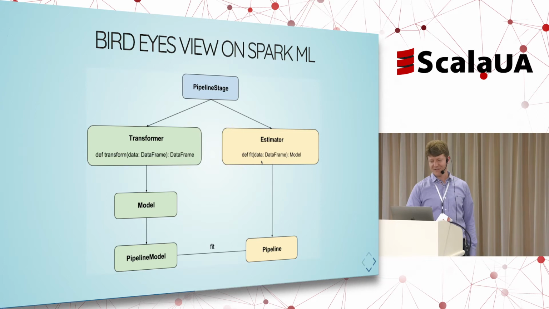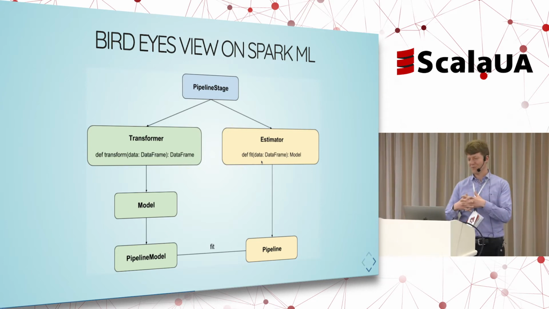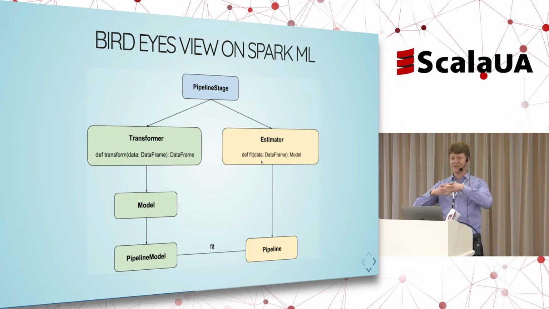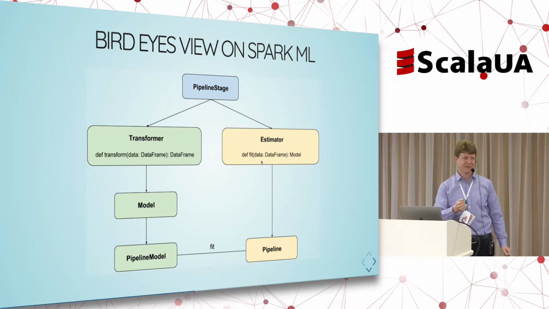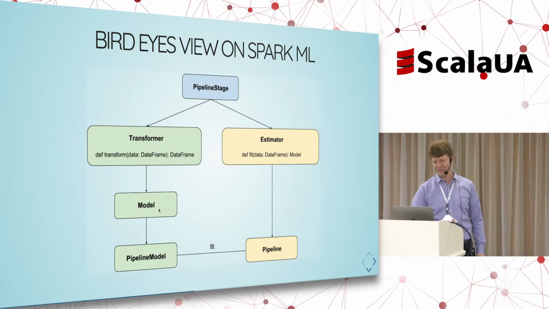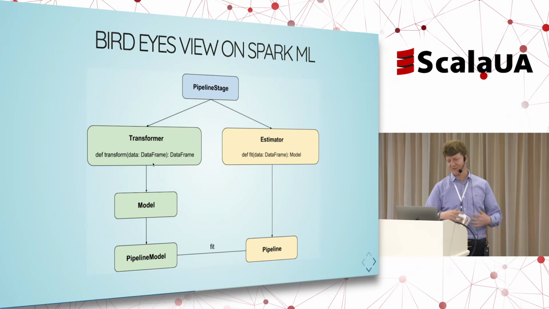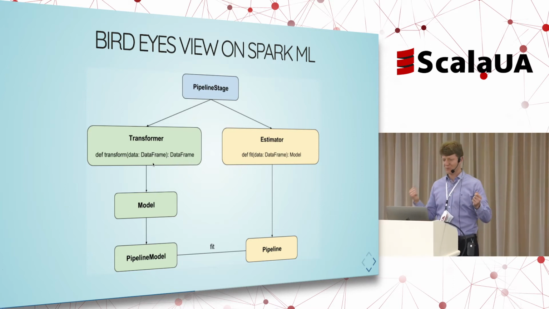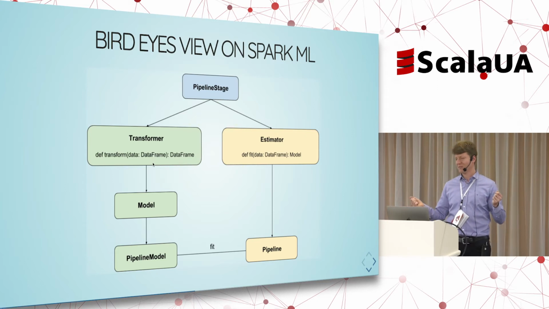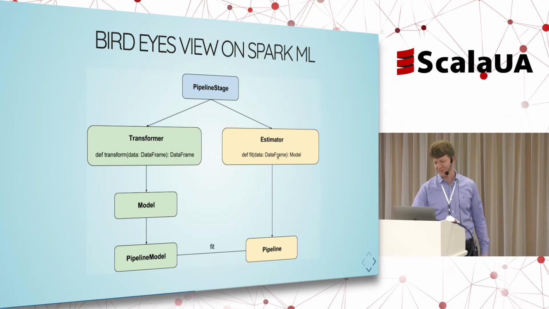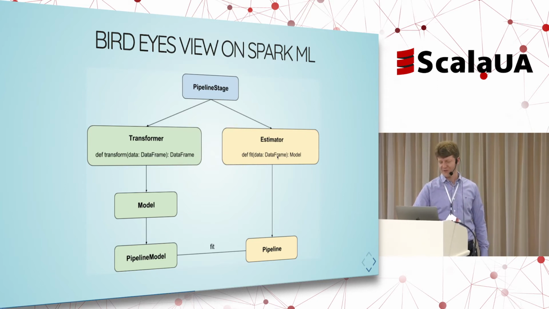An estimator, on the other hand, can't do transformations of its own, but you can give it a data frame containing some training data, and it will then give you back a model, which is itself a transformer, and might do some transformation based on the exact algorithm and the training data you gave it before.